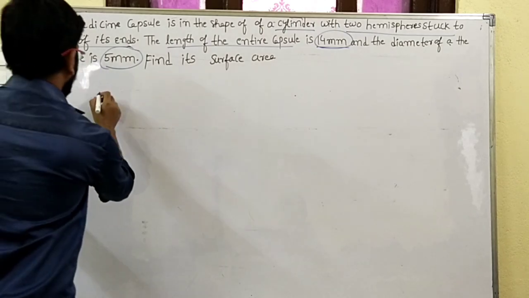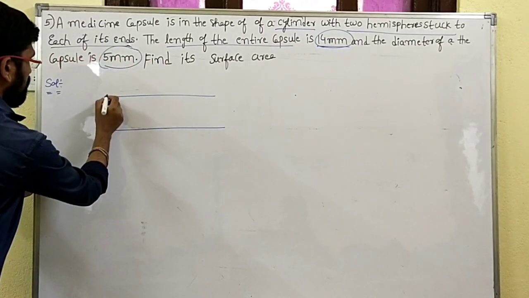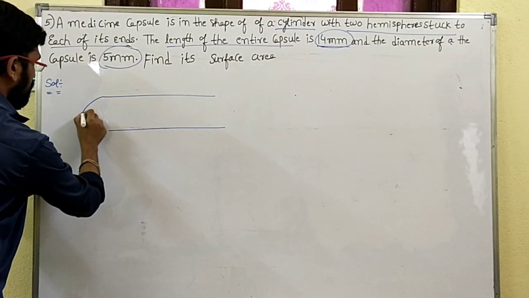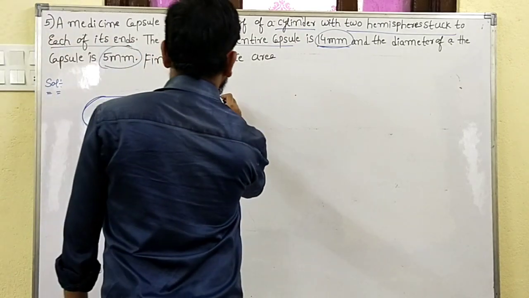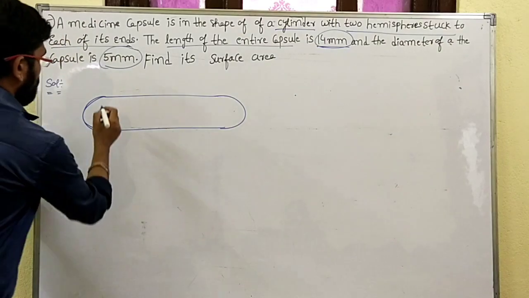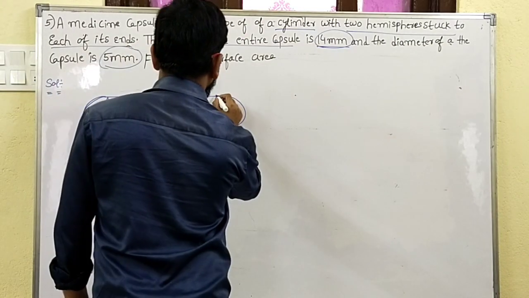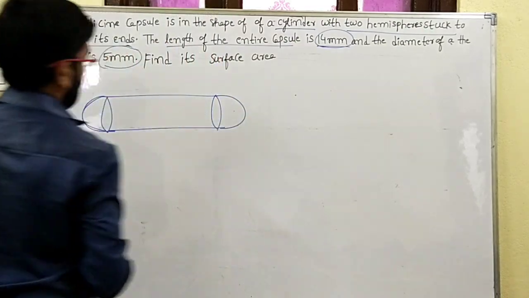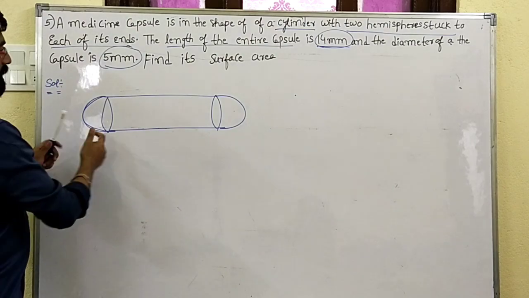It is in the shape of a cylinder with two hemispheres stuck on. There is the cylinder here, the hemisphere here, and also a hemisphere there. The capsule is like this. Okay, this is the total capsule.